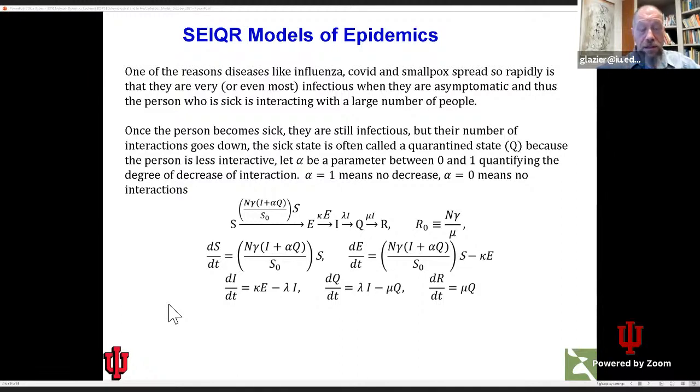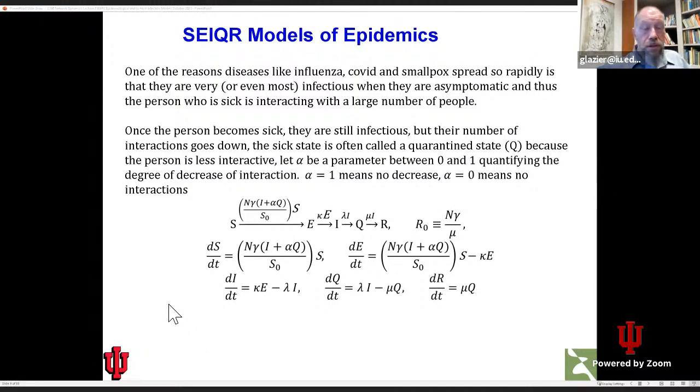And then the other thing is that presumably during the period you're at home, sick, you're not uninfectious, you're just interacting with fewer people. And so that alpha parameter means effectively how effectively you're isolated from the population. If alpha is 1, means you're identical to the I phase, which doesn't do anything.